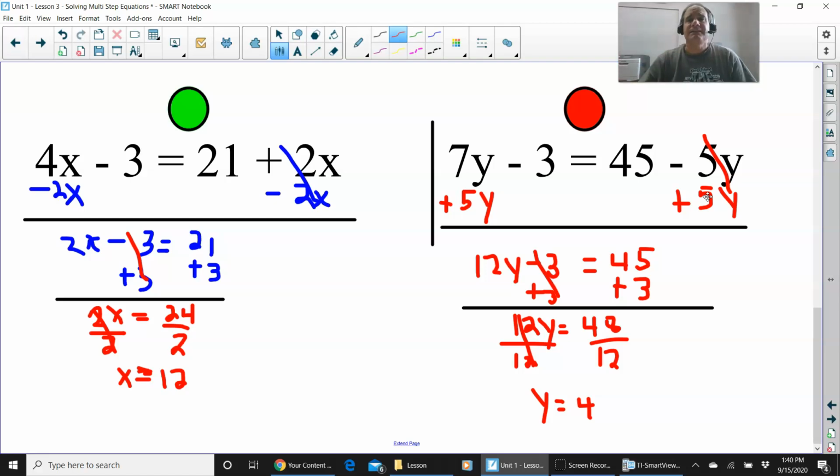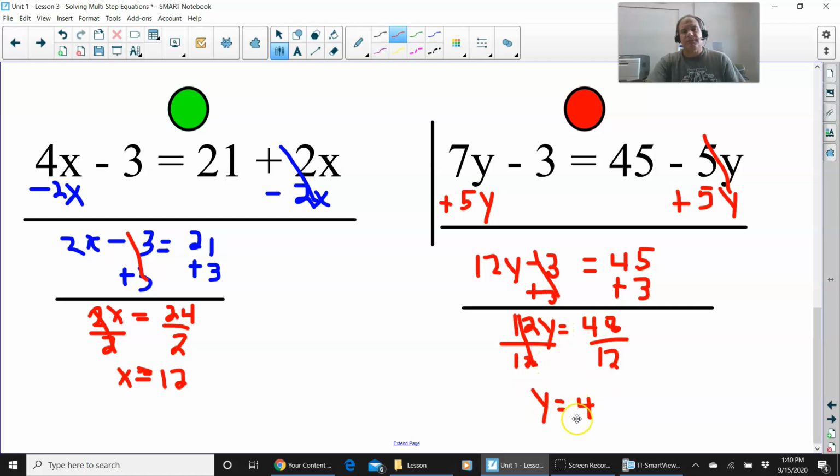So don't worry about it. If you could avoid working in the negative, just do it. Bringing the smaller over to the larger will avoid that. All right, so you have 12y minus 3 equals 45. You add 3 on both sides, you get 12y equals 48.